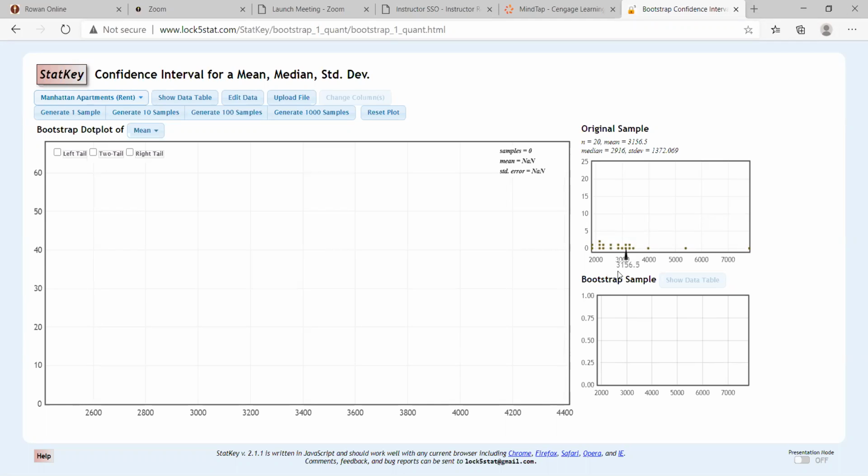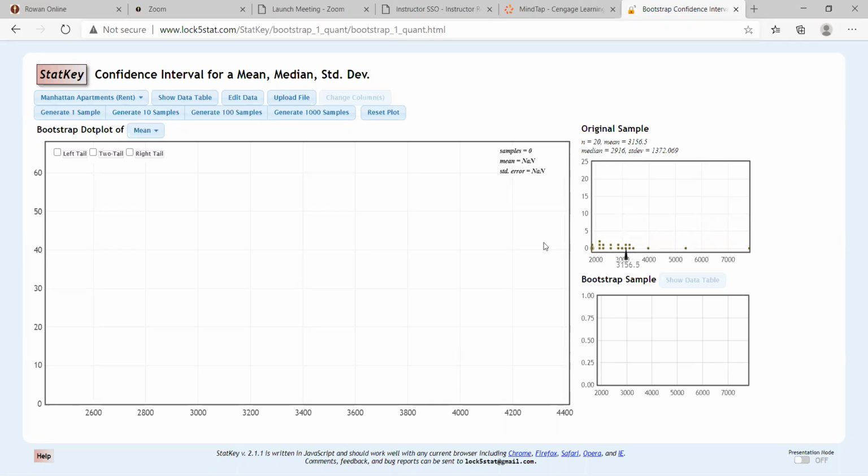This is rent. Obviously, Manhattan's very expensive. So there are 20 different apartment rents in the sample. This is a sample from Manhattan apartments, could be thousands and thousands of these, and we took a sample of 20 of them.